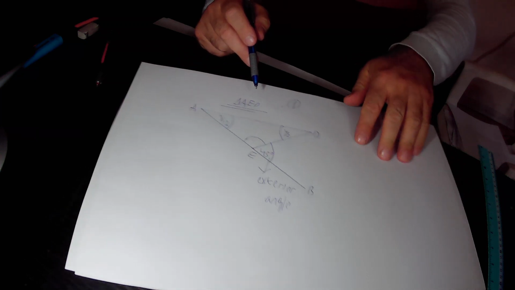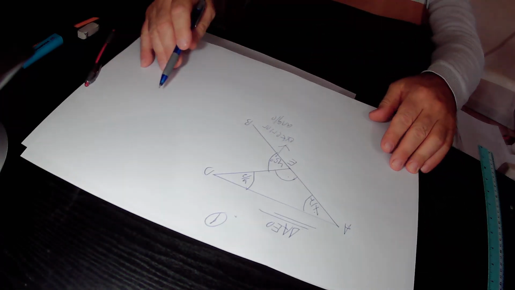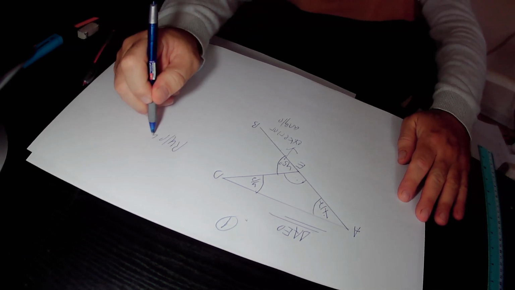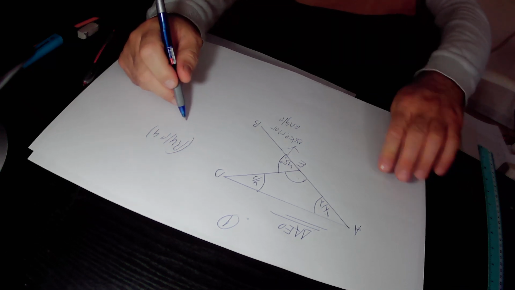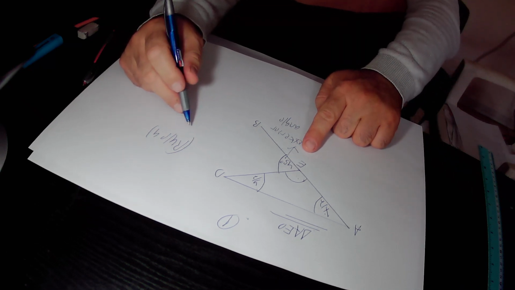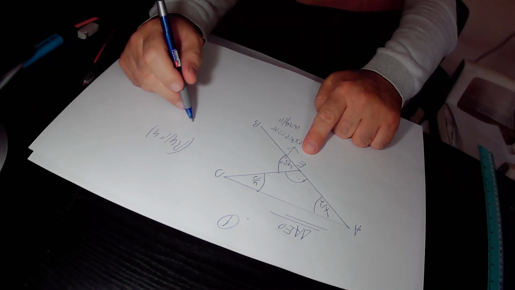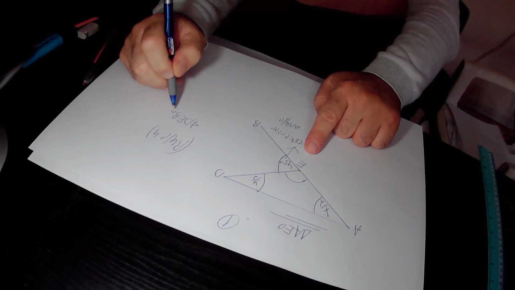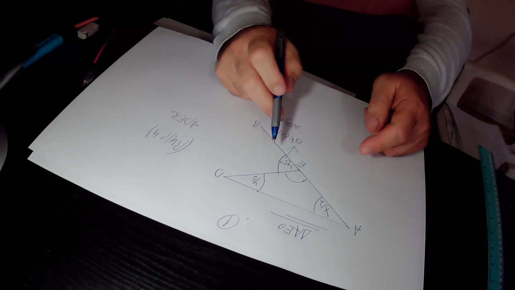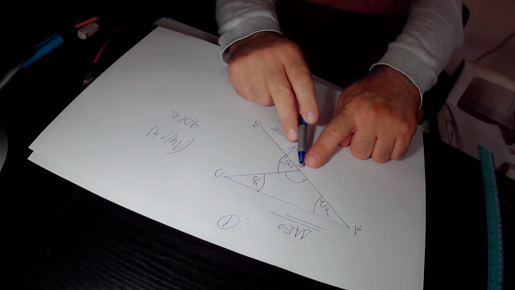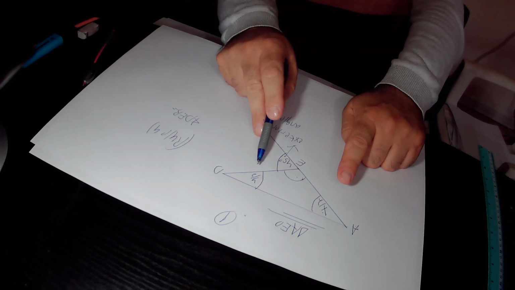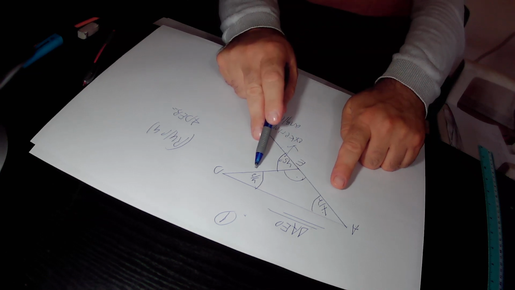So I write it down. According to rule 4, the size of the exterior angle DEB equals the sum of the two interior angles that are not adjacent to it. This angle is adjacent to this angle, and the two other interior angles that are not adjacent to it are x over 2 and y over 2.